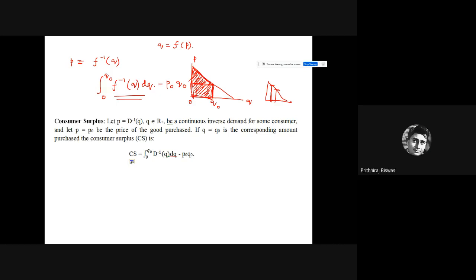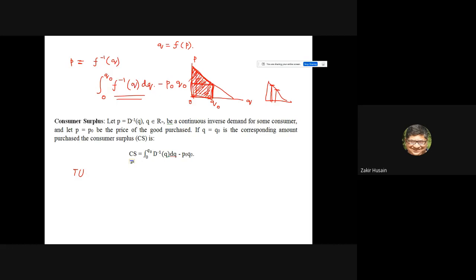Think of the demand curve, think not of cardinal theory. It is simply the utility derived from the consumption of the next unit, the total utility.